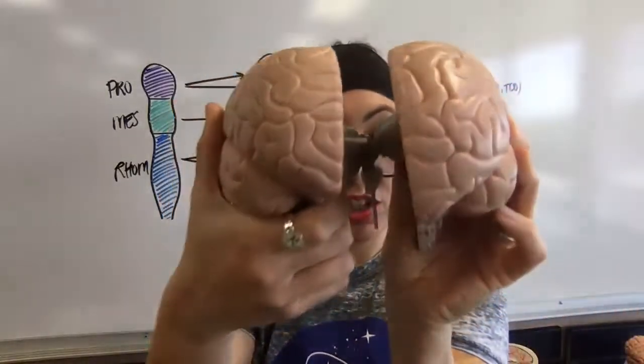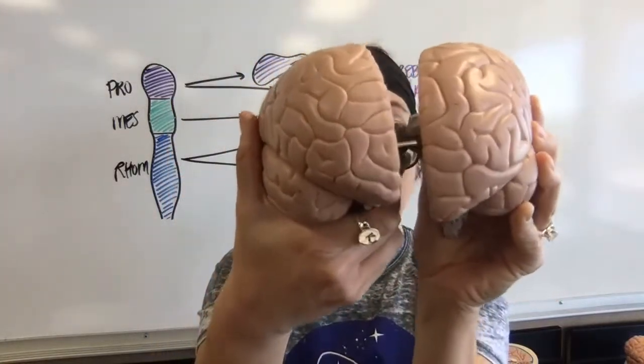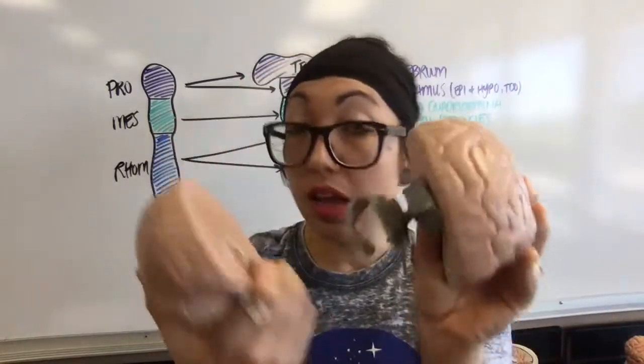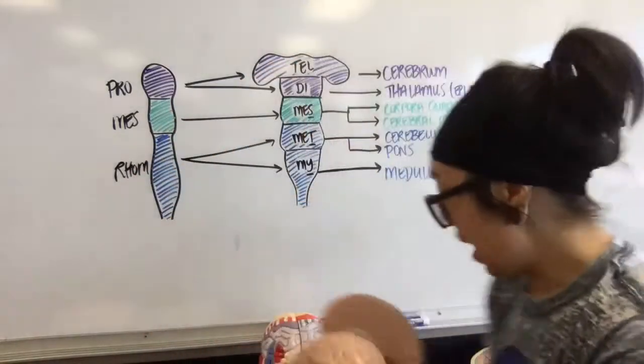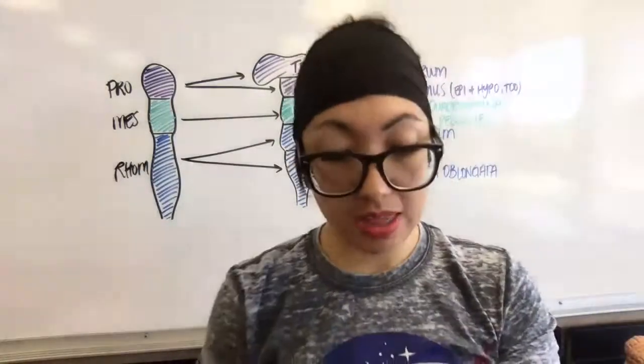Okay, imagine that I was able to smush the two halves together and close them. You would see that these two parts go into the cerebral hemispheres. And those are actually spaces inside the brain.